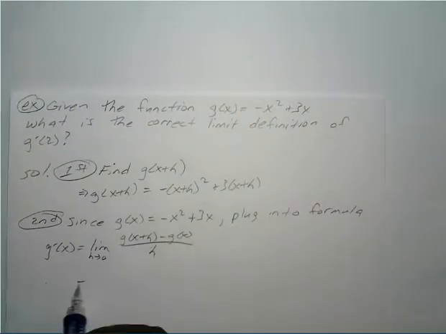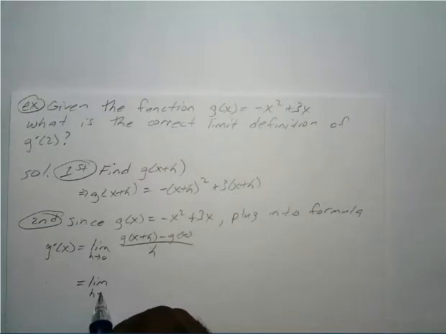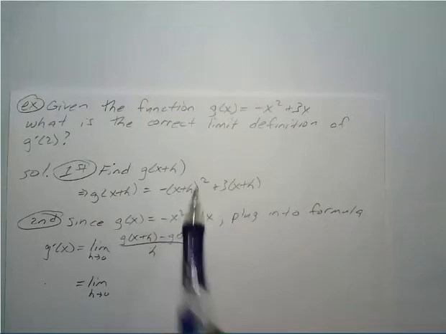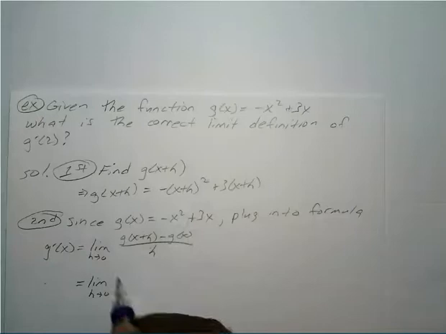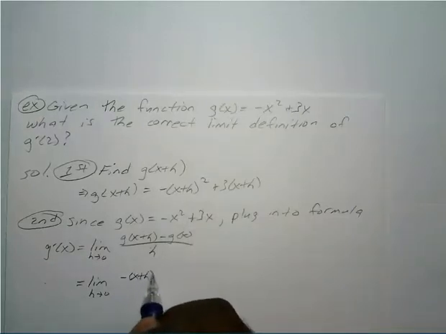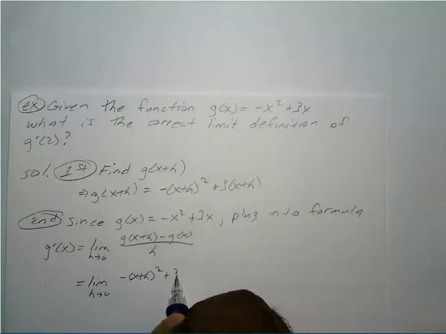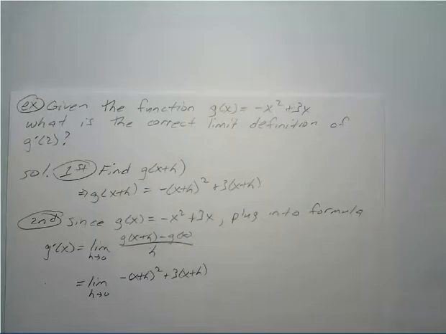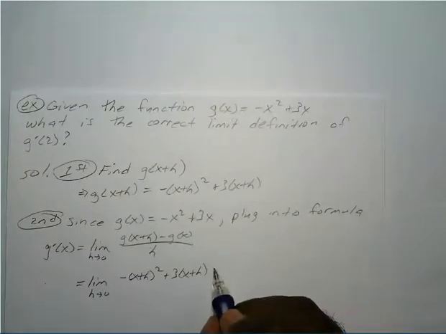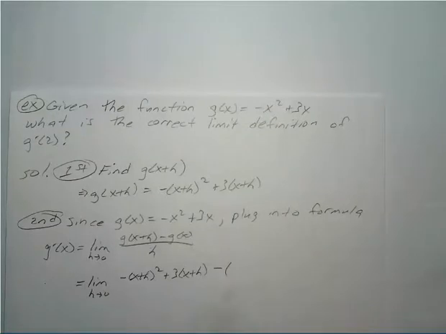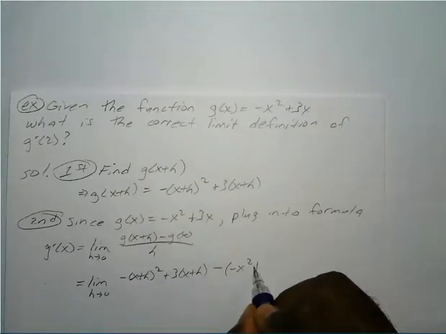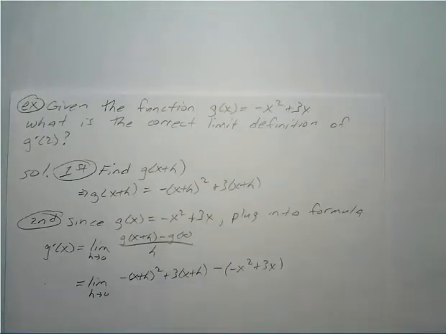Which we know, once we plug everything in, is the limit as h approaches 0 of negative x plus h squared plus 3x plus h, minus g of x in this case, negative x squared plus 3x, all over h.